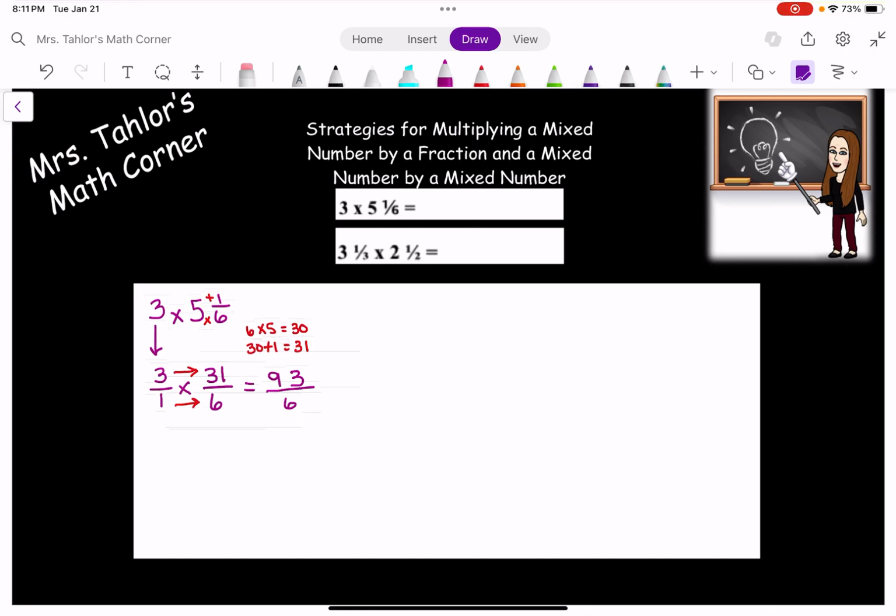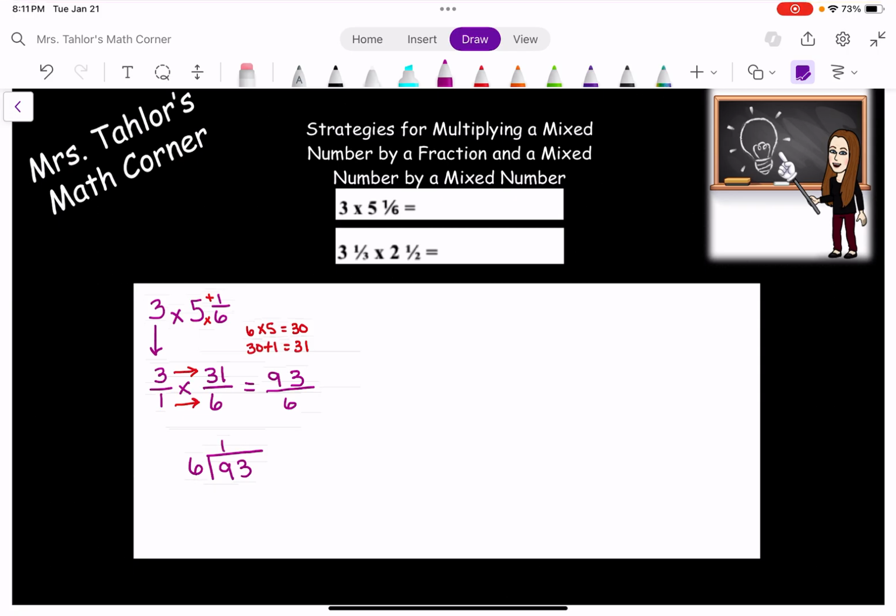Well, I can't very well leave 93/6 all by itself. So, I'm going to have to come over and divide because that is an improper fraction. So I can say 93 divided by 6.